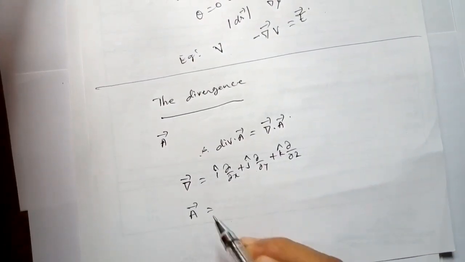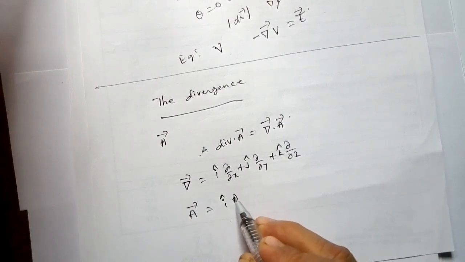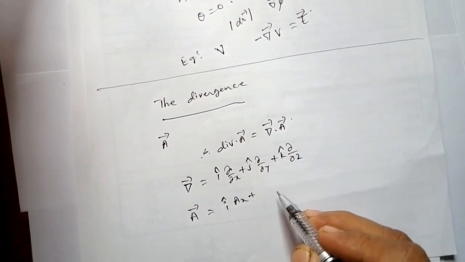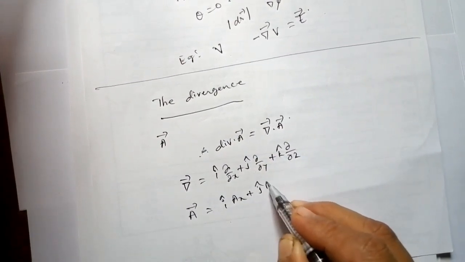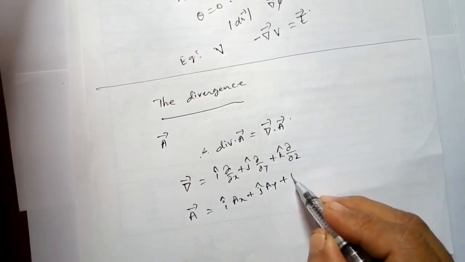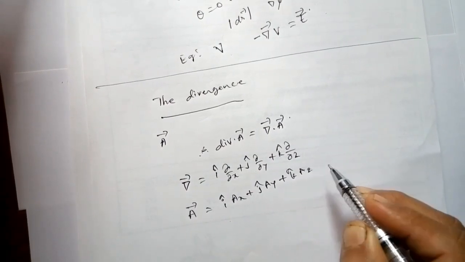Similarly, vector A can be written as i cap x component of A, j cap y component of A, k cap z component of A.